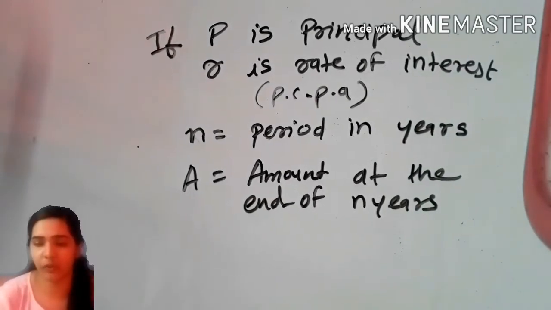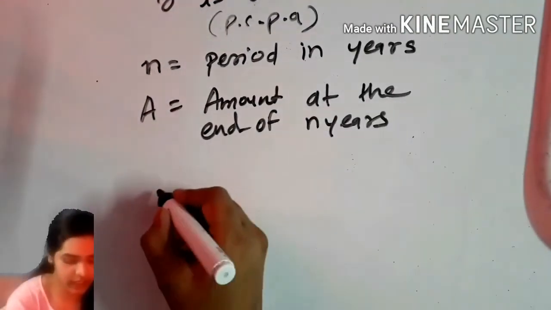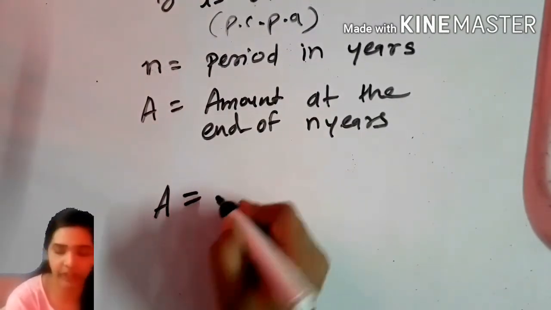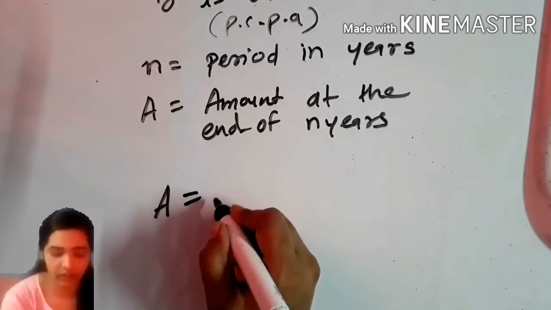So the formula for amount becomes A is equal to, what amount we are going to receive in compound interest.